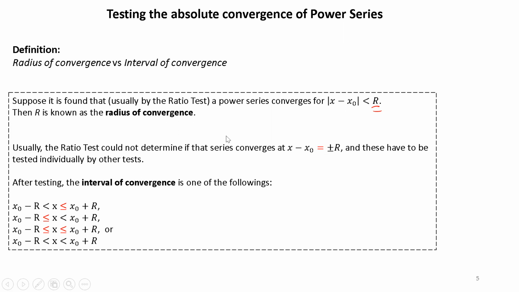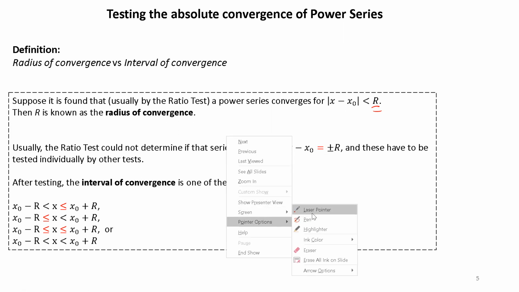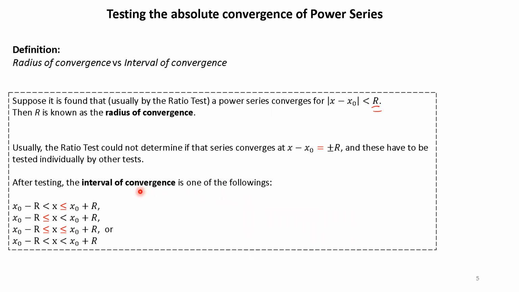After you test the two endpoints, you will have the following 4 possible outcomes. It could be adding the equal sign on one of the boundaries, adding the equal sign for both of the boundaries, or none. It really depends on a case by case basis.